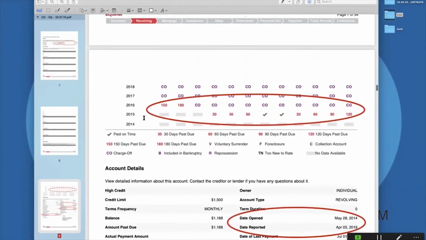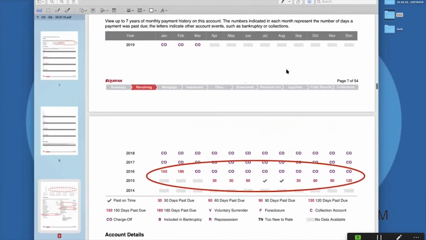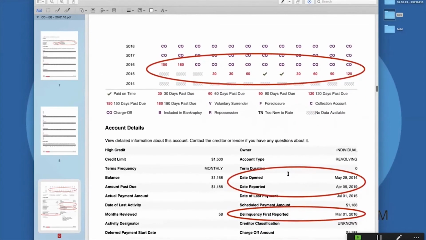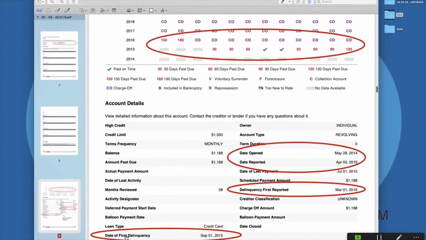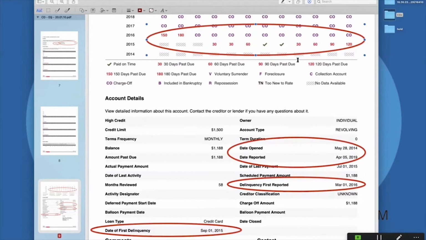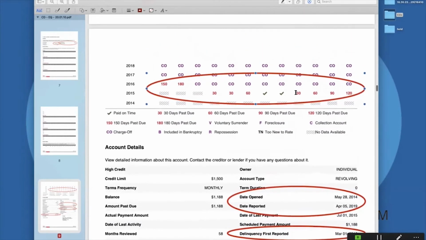And let's reconcile that. The date it first went delinquent, it says September of 2015. So that is the date that it most recently went delinquent. Does that make sense? It isn't counting the delinquencies here. It's saying the date of first delinquency that led to it being charged off.